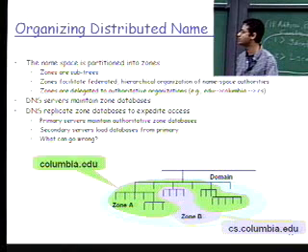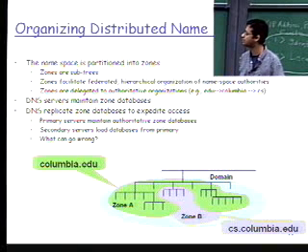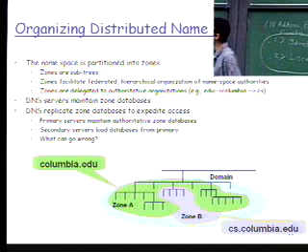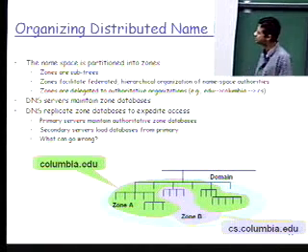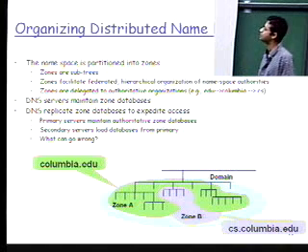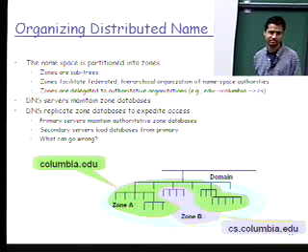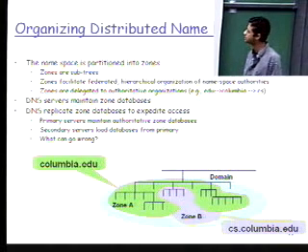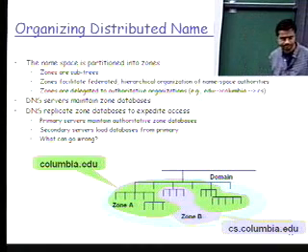For the rest of its functioning, it will just go and ask some authoritative name servers, either primary or secondary, to get answers. So you can have multiple name servers in a particular domain, but there are 2 authoritative name servers in a domain or a zone. There's a primary and a secondary.